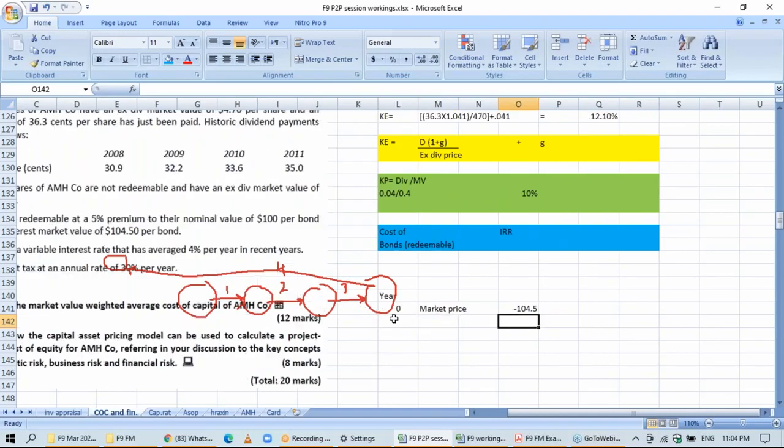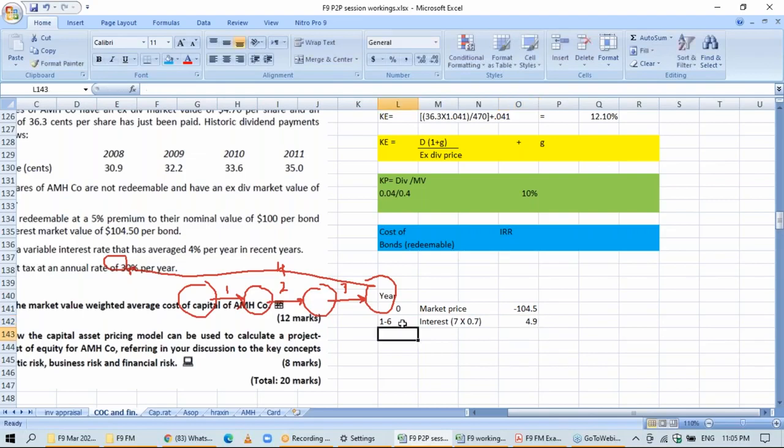Then the bond's life is 6 years, so for 6 years he will be receiving interest on the bond, and the interest is 7%. But you will take interest net of tax, which is 30%. So 7% into 0.7, 1 minus t, gives you 4.9.